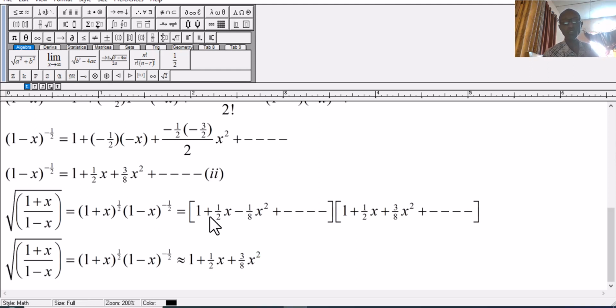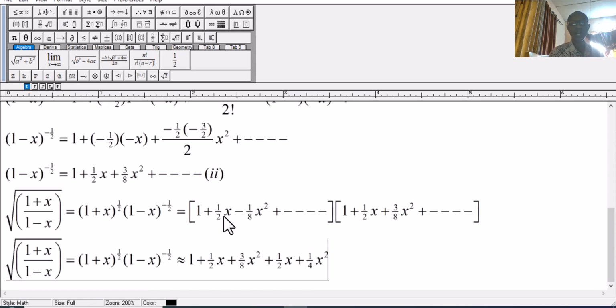So we start again. We now use half x to multiply. By the time you use half x to multiply 1, that will give you plus half x. Now use this half x to multiply this. That will give you plus 1 over 4 x squared. Now use this half x to multiply 3 over 8 x squared. That will give you something cubed, so we ignore it.